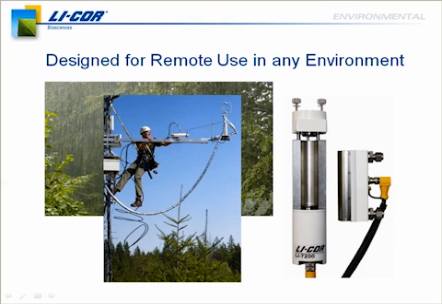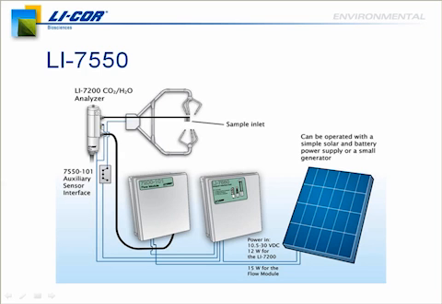Now we're going to go ahead and talk about some of the components of the LI-7200 system. The first piece we'll discuss is the LI-7550 Analyzer Interface Unit. That's what you may have thought of as the white box with the 7500 instrument. This is an updated version, and it's used for both controlling or housing the high-speed electronics and also providing for inputs and outputs.